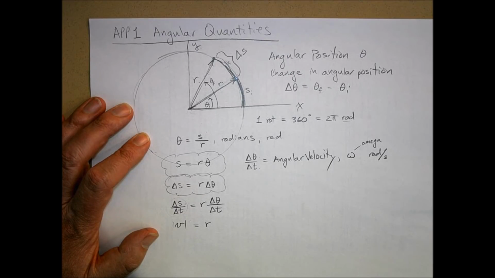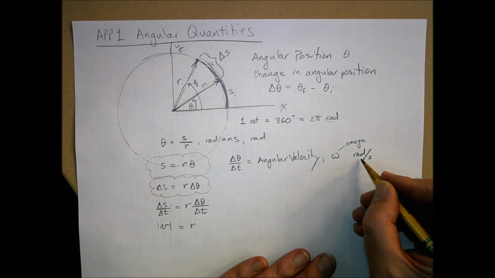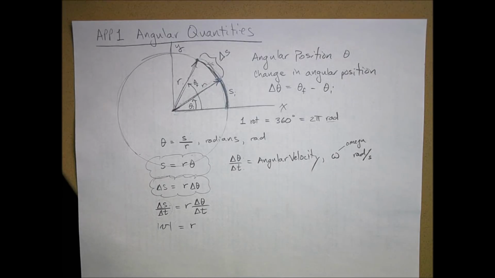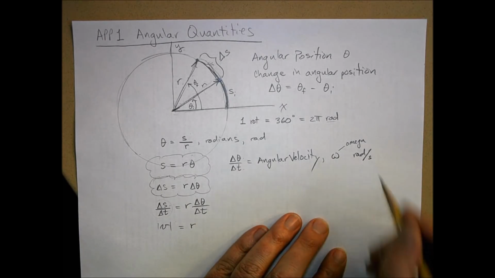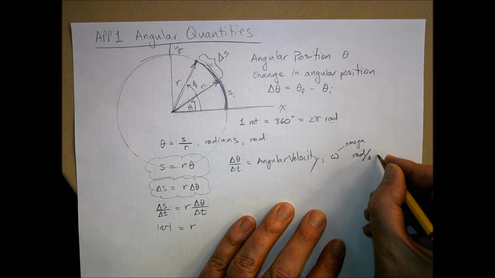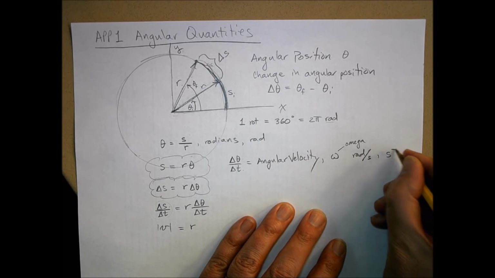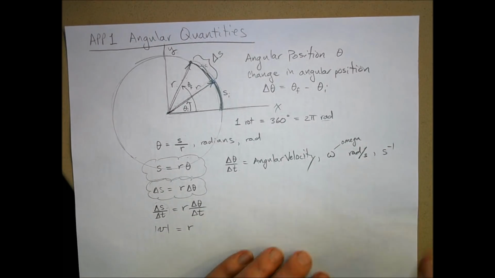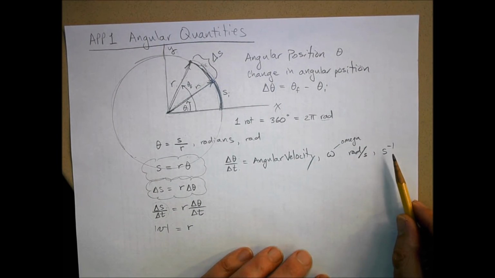Okay. Now, by the way, a radian is a dimensionless quantity. It doesn't have any fundamental units associated with it. But seconds is a fundamental. So this is like nothing over seconds. So sometimes you'll see this written as s to the negative 1. What does a negative 1 mean?